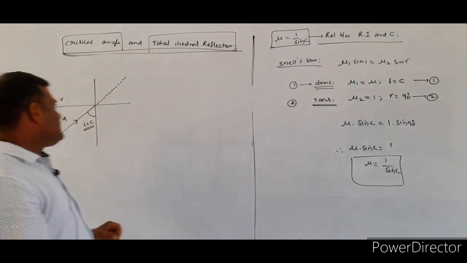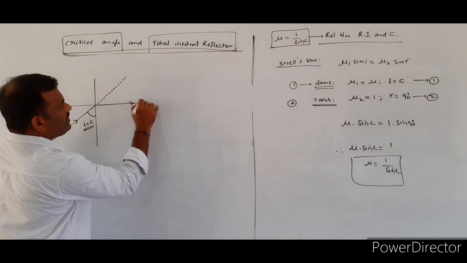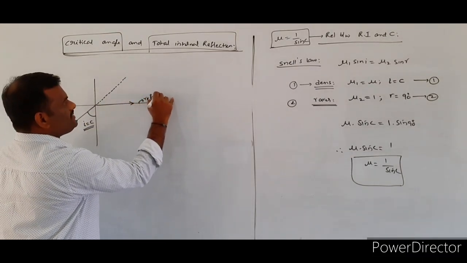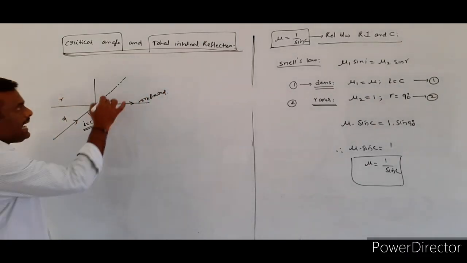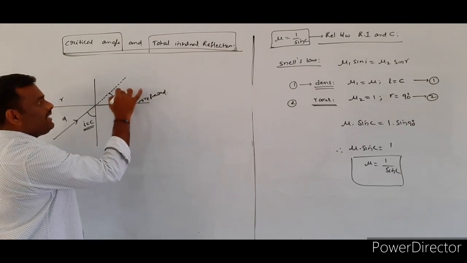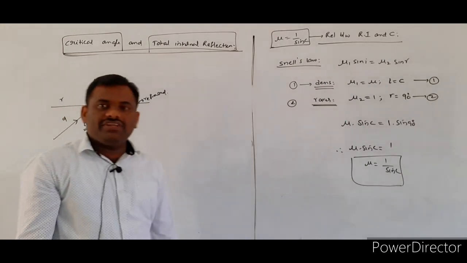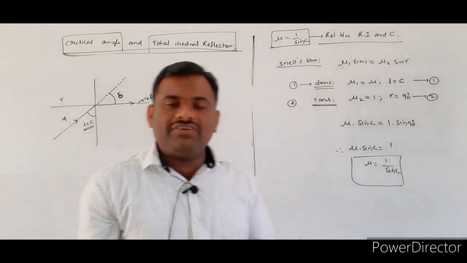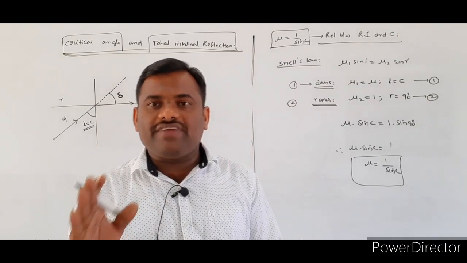Whenever the light rays are incident with the critical angle, the refracted light ray will just graze the surface. The angle between the incident light ray and the refracted light ray is taken as the angle of deviation. What is the definition of the angle of deviation? Angle of deviation is the angle between the incident light ray and the refracted light ray.